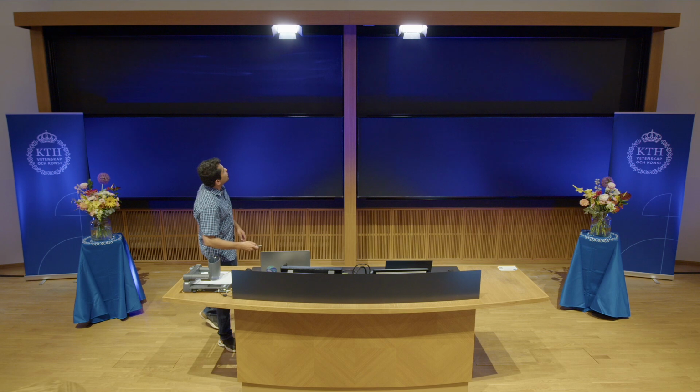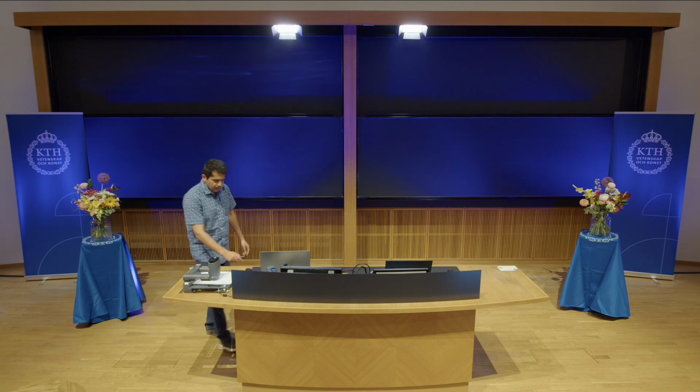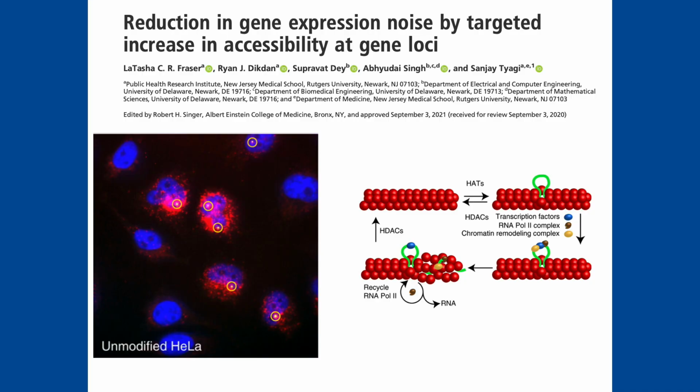Let me show you what gene activity looks like in a single human cell. Here's a paper in PNAS from a few years ago, where we looked at activity in so-called HeLa cells, which are a cancer cell line. This dot here is a gene of interest that is on. It's making RNA.